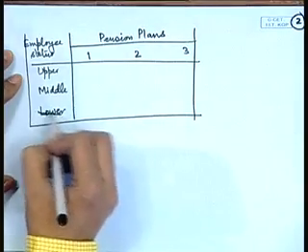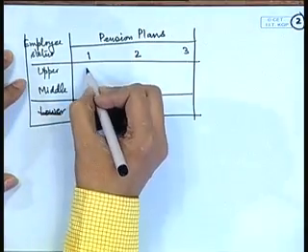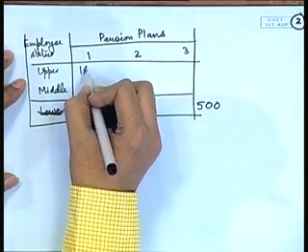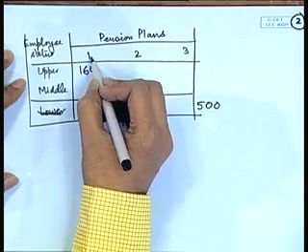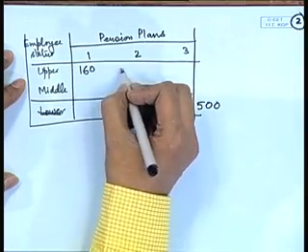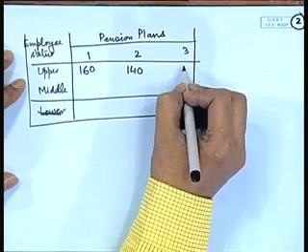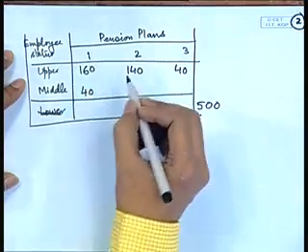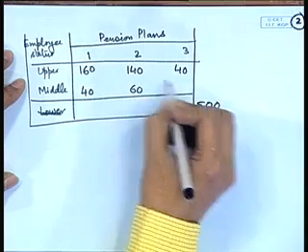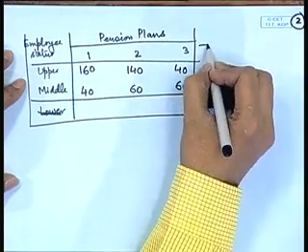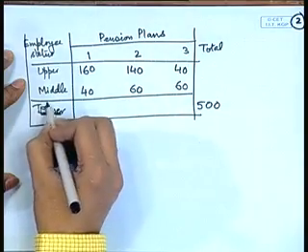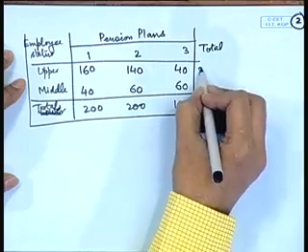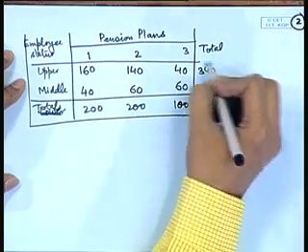For the time being, let me concentrate only on upper level and middle level here, and the data of 500 is distributed as: 160 upper level employees give preference to pension plan 1, 140 give to pension plan 2 and 40 give to pension plan 3. In the middle level, 40 give preference to pension plan 1, 60 to plan 2 and 60 to plan 3. If we calculate the row and column totals, they turn out to be 200, 200 and 100, and here it is 340, 160.